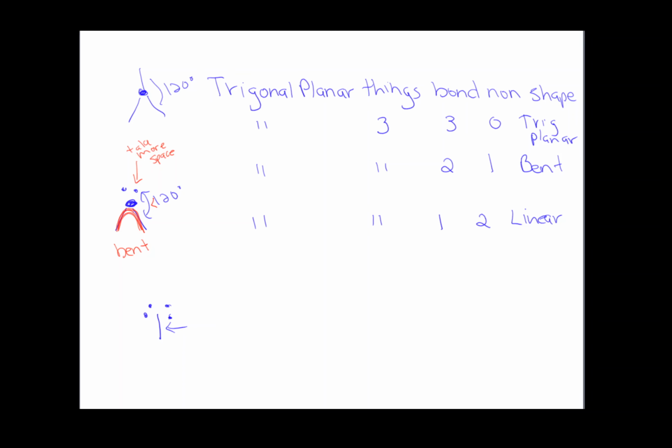Whoops, not this one. This one would be a little bit more. I could say this angle would be a little bit more than 120, and this angle would be a little bit less than 120. I couldn't give you an exact amount, but I could tell you that it got squished just a little bit. All right, so there is family trigonal planar.